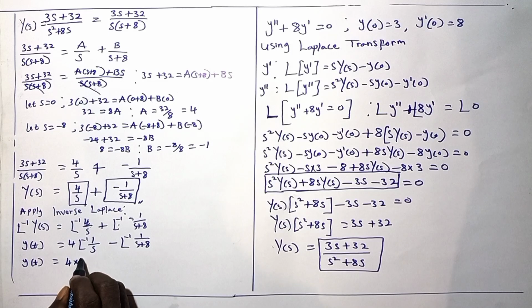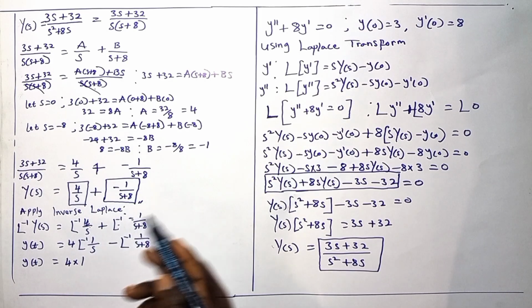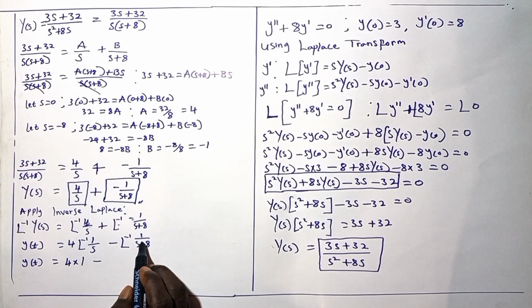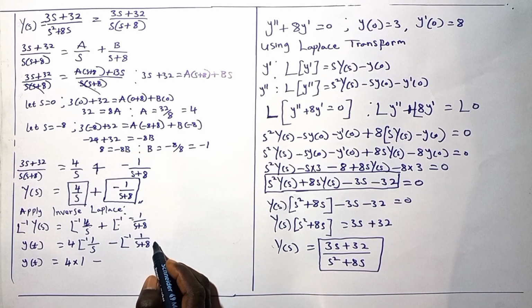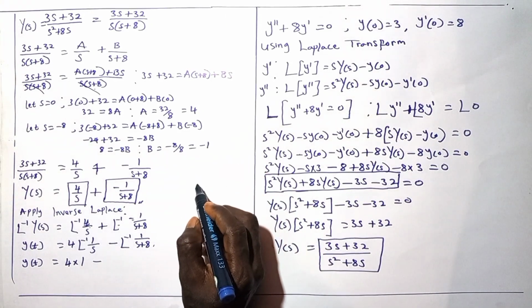Let's do it like this. Inverse Laplace of 1 over s is 1. Don't forget that is our standard Laplace values and Laplace table. The same thing applies here. This is 1 over s plus 8. Then going back to our standard table of Laplace, let me just do a table here.